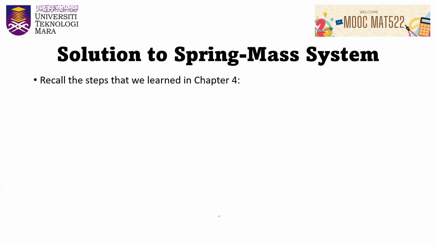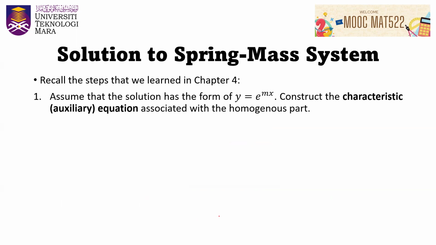Since solving a spring mass system is exactly solving a second-order linear differential equation with constant coefficient, we recall all the steps that we have learned in Chapter 4. First, we assume that the solution has the form y = e^(mx). We construct the characteristic equation associated with the homogeneous part.